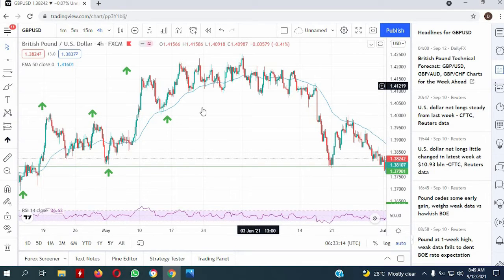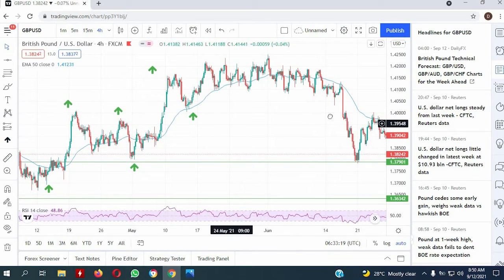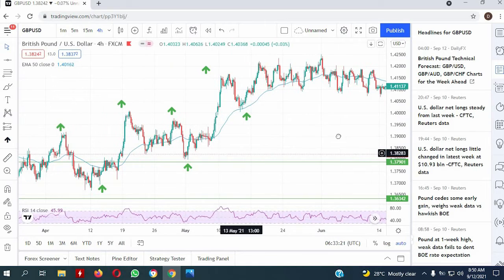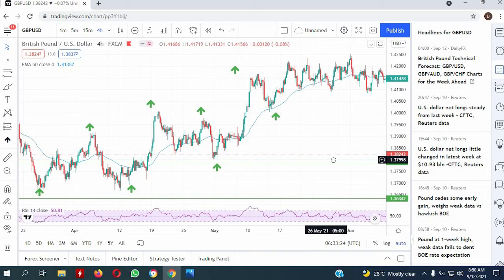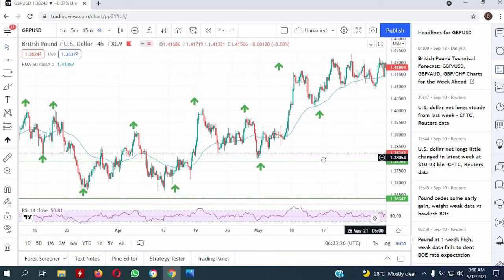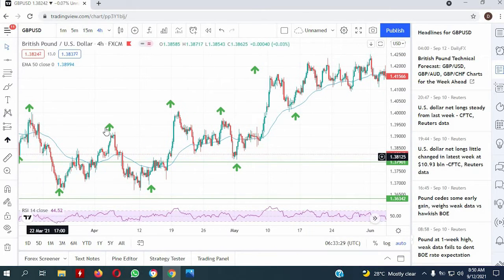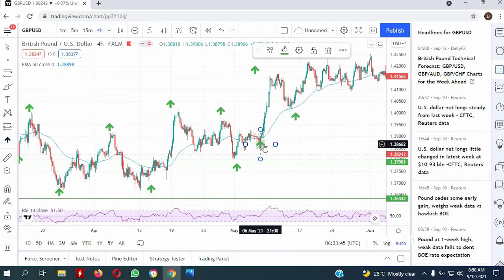Very simple analysis. Once you can identify, in a bear trend like this bear trend right here, a series of higher high and higher low, higher high, higher low, higher high, higher low, that is a confirmed uptrend and a buy trade.